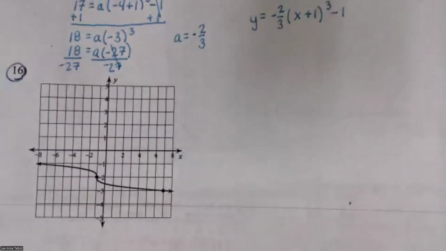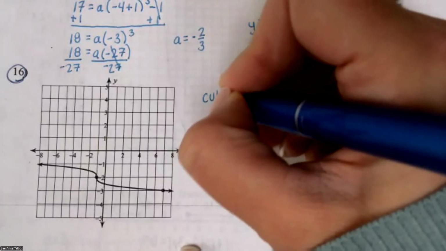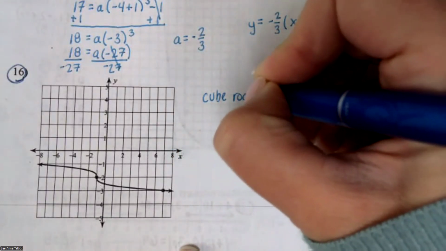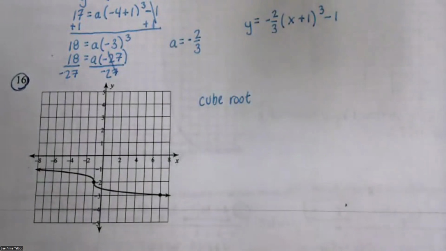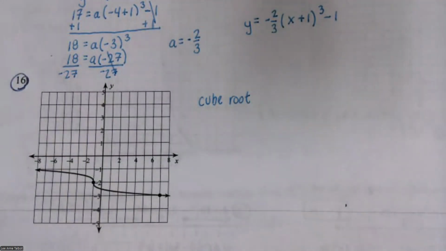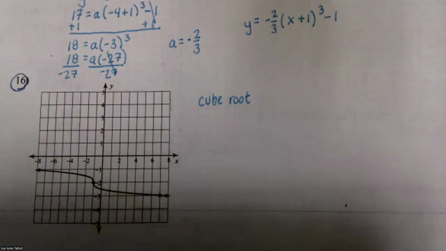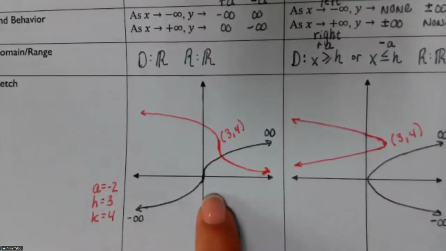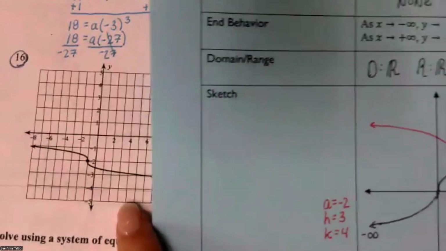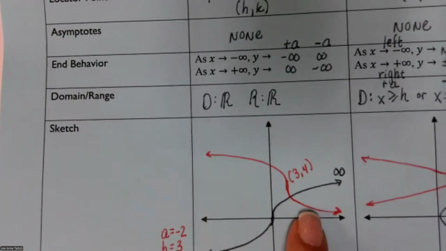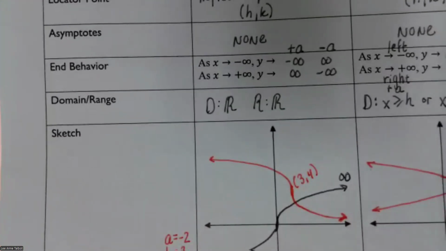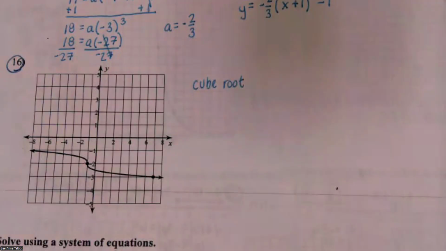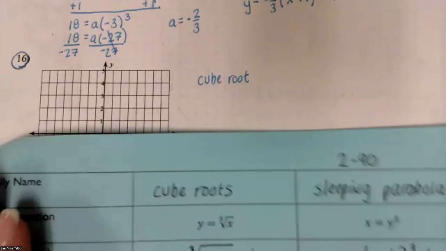Okay, so hopefully we're starting to memorize a little bit, just for our convenience, the different shapes. Here's the shape of the cube root, which is sideways cubic, sleeping cubic. I'm funny.